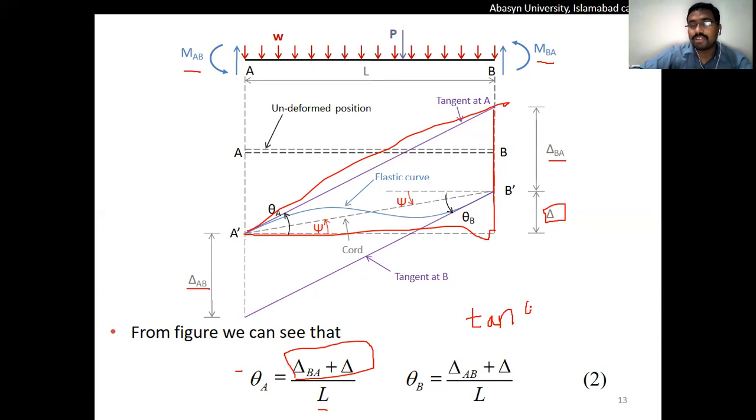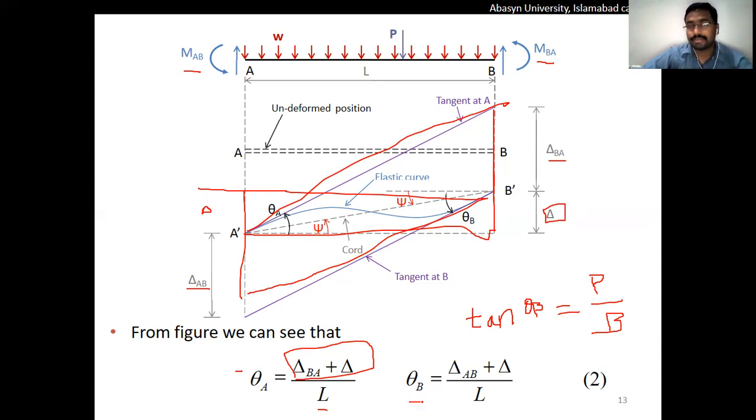Where we have tangent of theta B is equal to, again, perpendicular over base, and the perpendicular value at point B will be considered as delta AB plus delta over base, and the base will remain the same, which is the length of the member. So this will be delta AB plus this part as delta at point B, and we are considering this triangle in order to determine the rotation at point B.